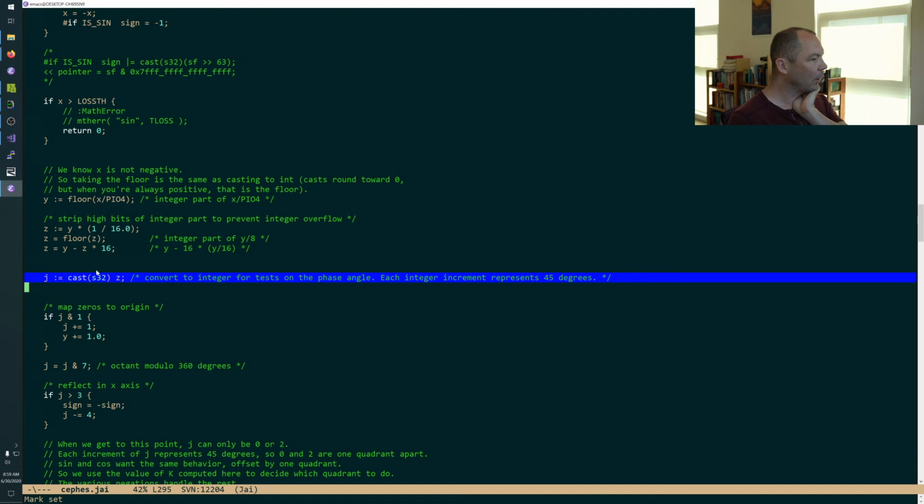But also, all this y minus is doing is subtracting off high bits anyway. So the y minus is the last part that I'm confused about. This just wants a few bits out of the number. That's all it's doing, and it's doing a bunch of math to get it. All right, so we could simplify all this.